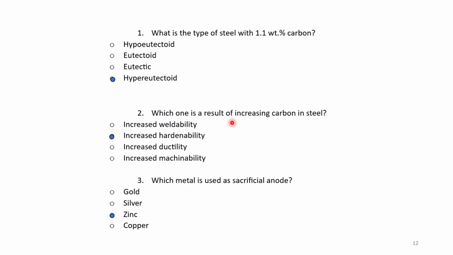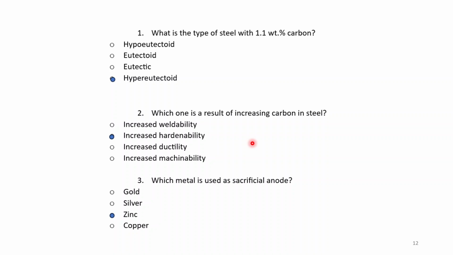Next question is, which one is the result of increasing carbon in steel? So if you are increasing carbon in steel, what should happen? You should remember it in a way that if you are increasing the carbon percentage, which properties improve and which one decrease? Hardness will increase.